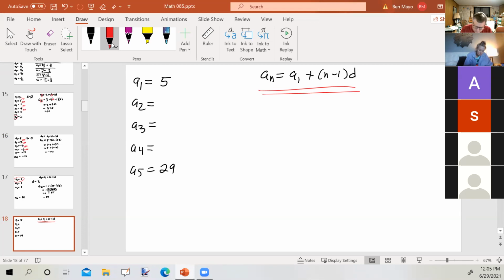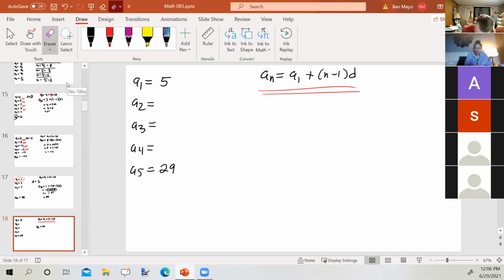All right? So here's what we're going to do. We're going to take what we know to find what we don't know. We know a sub 1. We don't know d. But if a sub 5 is 29, I can do the following. Actually, I want to do that second.